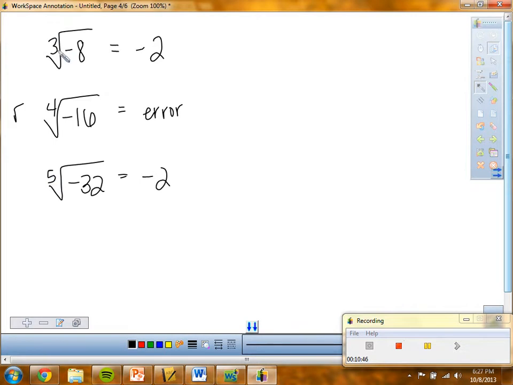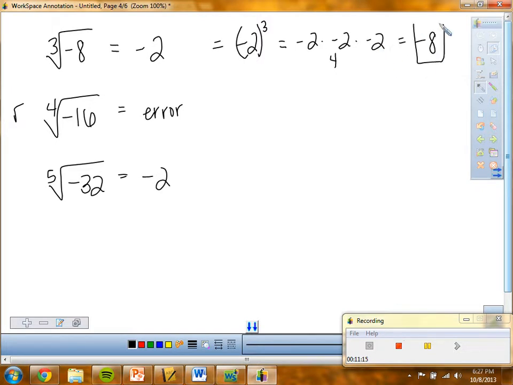Because think of what happens with a third root. This means that I multiplied -2 three times. Well, if we expand that, that's -2 times -2 times -2. What's a negative times a negative? Gives me a +4, but a +4 times a -2 gives me a -8.